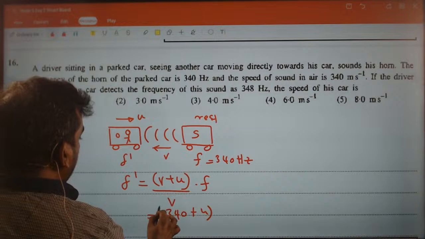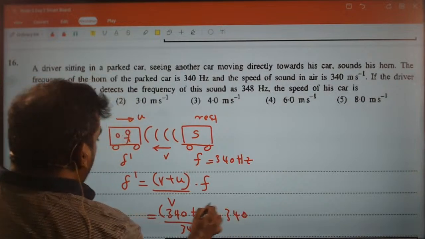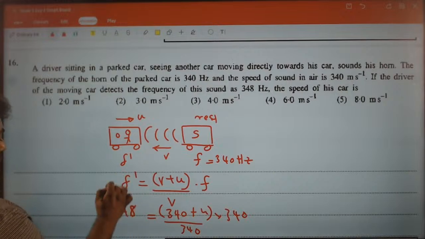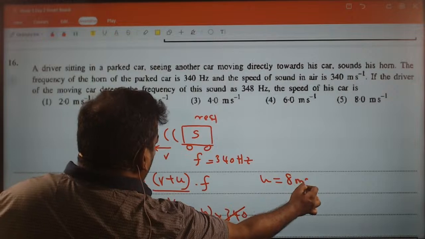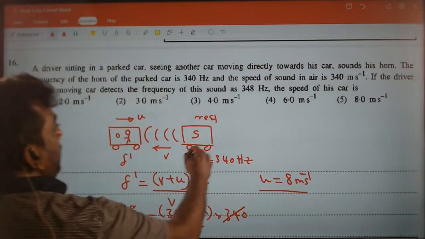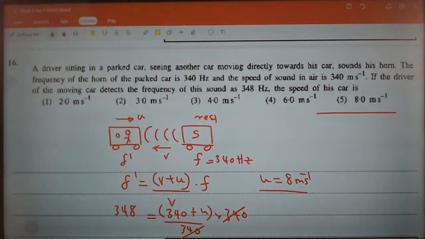Speed of the car we don't know. 340, frequency also 340. Apparent frequency 348. 340 cancels off. u is equal to 8 meter per second, answer number 5. Right? Okay.